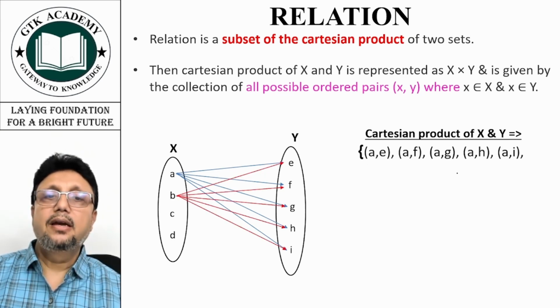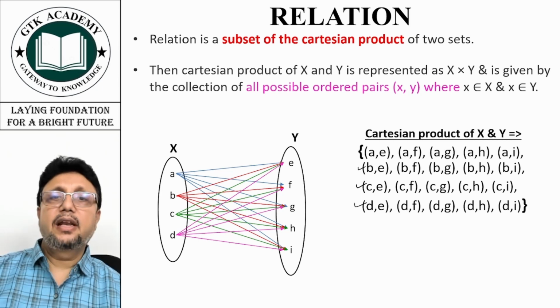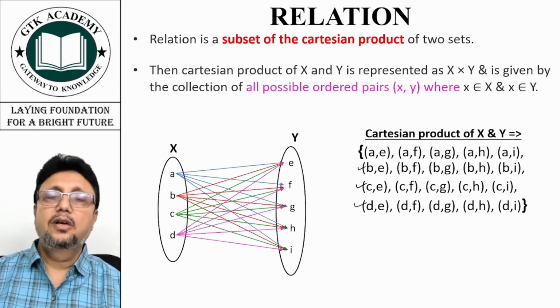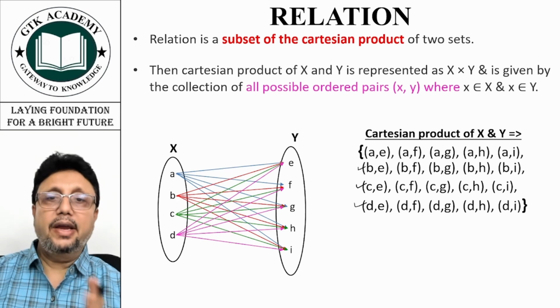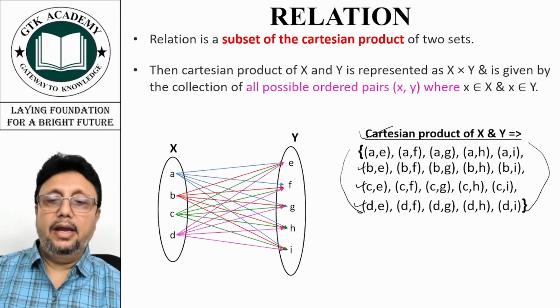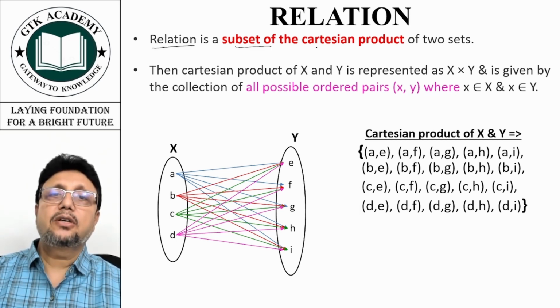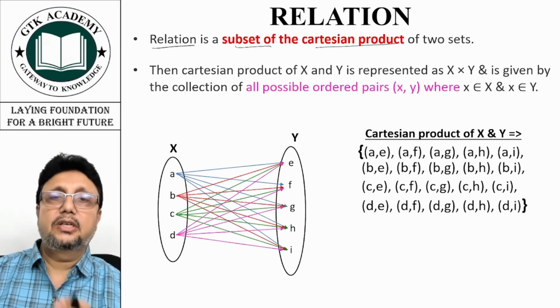Similarly, for b, these ordered pairs. Similarly, for c, this many ordered pairs. Similarly, for d, these many ordered pairs. These are all possible ordered pairs for a relation from X to Y. This whole set is called the Cartesian product of X and Y. So what we are telling is that a relation is a subset of the Cartesian product of two sets.